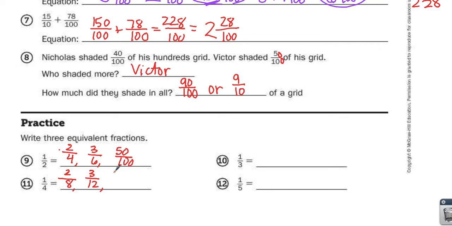I can multiply 1 by 10 and 4 by 10 for 10/40. 1/3 would be equal to 2/6, or maybe 3/9, or maybe 4/12. 1/5 would be equal to 2 tenths, maybe 10/50, or I could even multiply the top, let's just say, by 8 and the bottom by 8, and I'd get 8/40. Lots of options for your equivalent fractions.